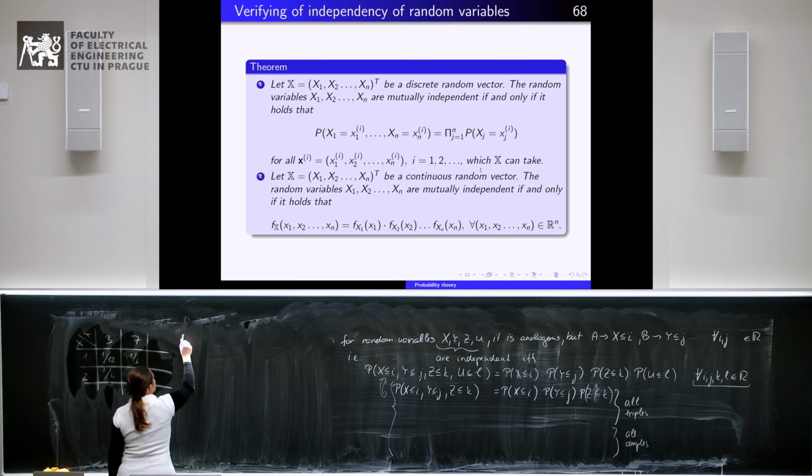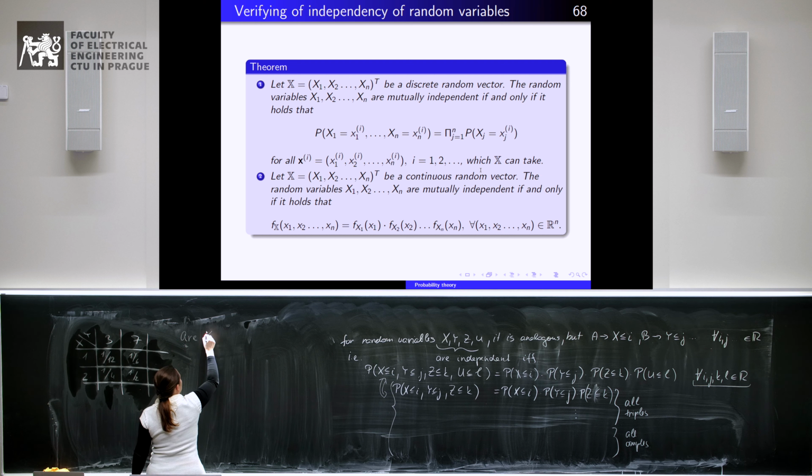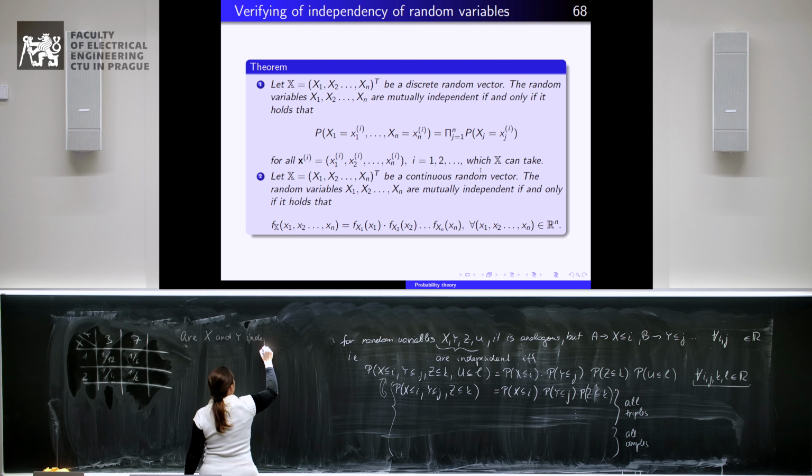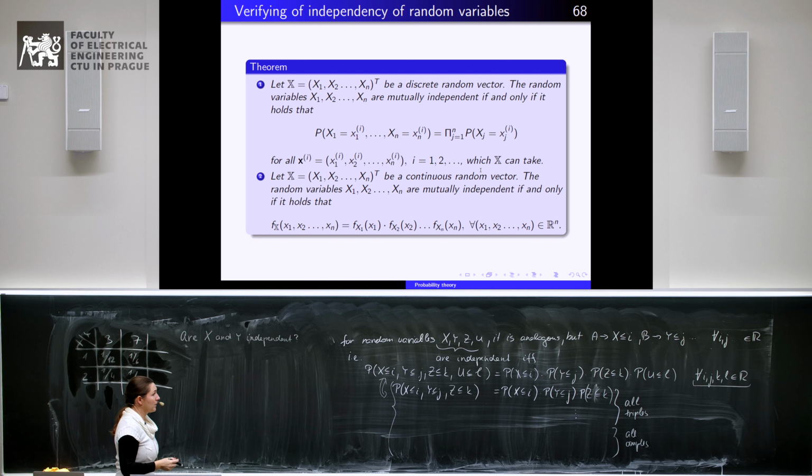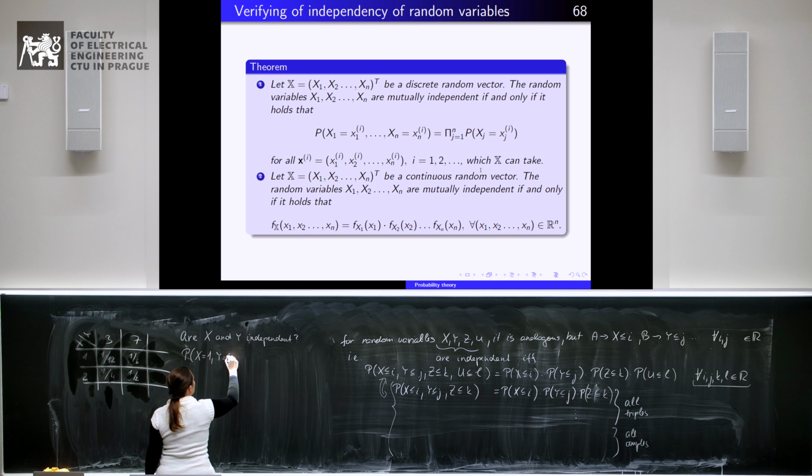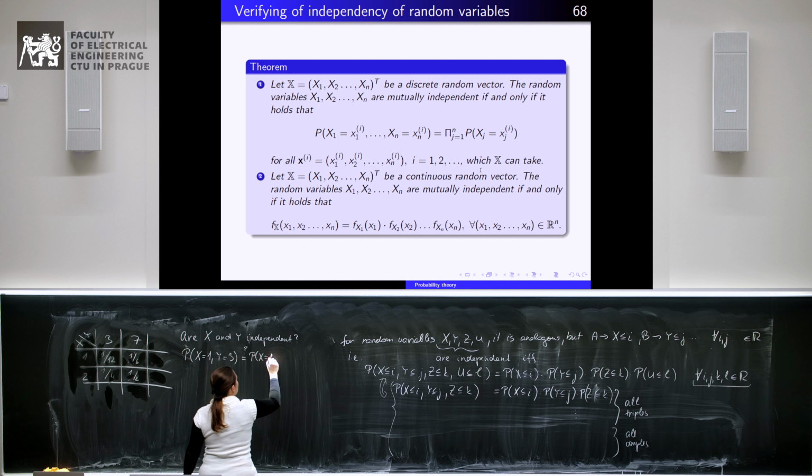And the question is, are x and y independent? So we must verify that the probability that x is equal to 1, y is equal to 3 is equal to the probability that x is equal to 1 times the probability that y is equal to 3.